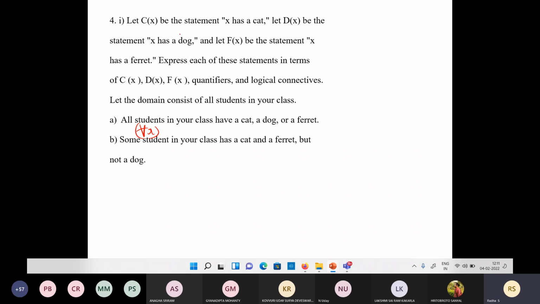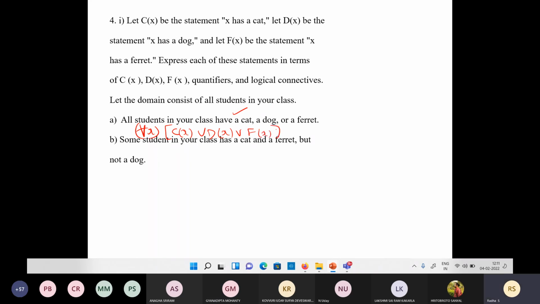X belongs to what? All students in your class. Here the domain consists of all students in your class. So for all x, C of x or D of x or F of x.